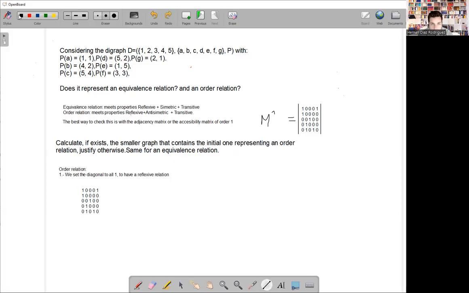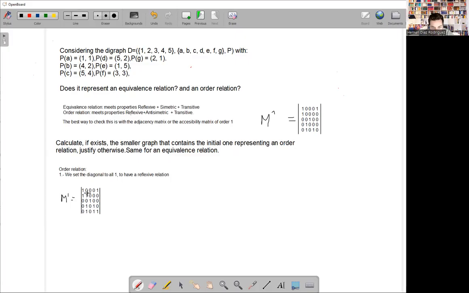Okay, let me pick the color black. And we are going to change the elements on the diagonal, right? So we come here and we need to change these zeros to ones.